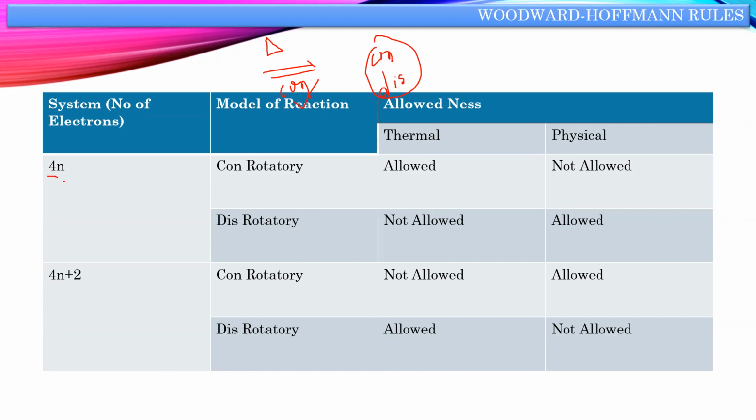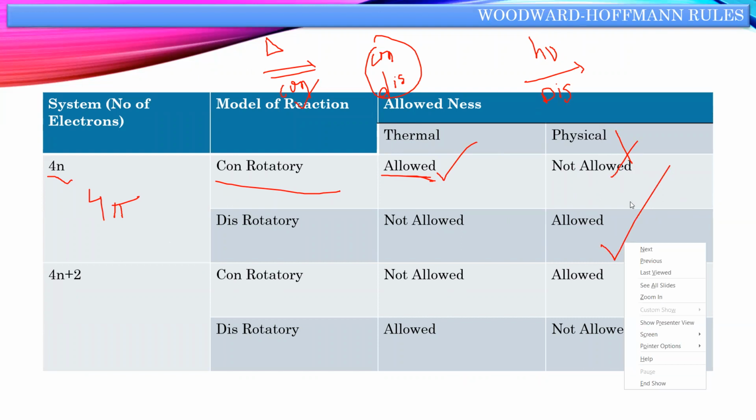If it is a 4n system, a 4 pi electron system, conrotatory under thermal conditions only is allowed, and photochemical conditions like hv are not allowed. In the case of disrotation, only photochemical conditions are allowed, and I may correct these terms. Photochemical is denoted by hv.